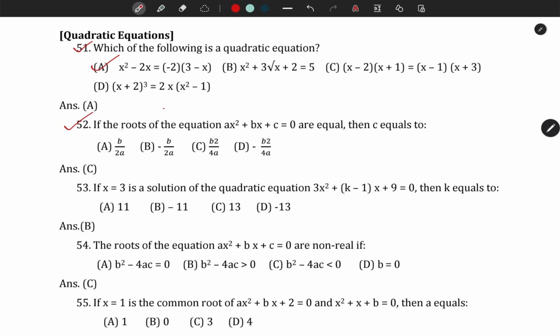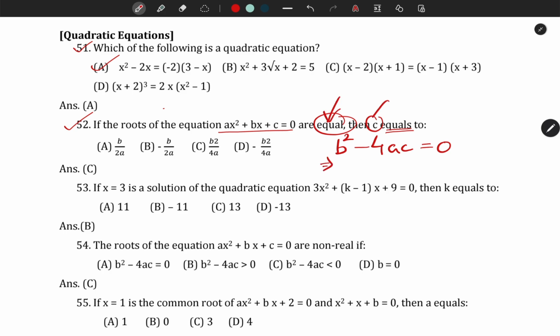Question number 52. If the roots of the quadratic equation are equal, then c equals to, we have to find c. We know if the roots of the equation are equal, then the discriminant, that is b square minus 4ac, should be equal to 0. If the discriminant is 0, then only the equation has equal roots.